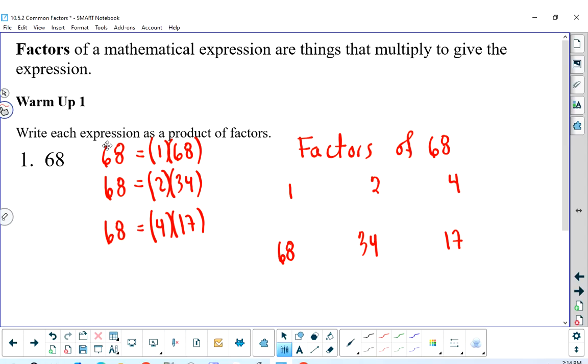The best way for you to write out what 68 is in factored form is to take it right to the end, like we did when we were working with radicals. If 68 is 4 times 17, I know that 4 is 2 times 2, which means 68 is 2 times 2 times 17. And this is what we would probably call the prime factorization.